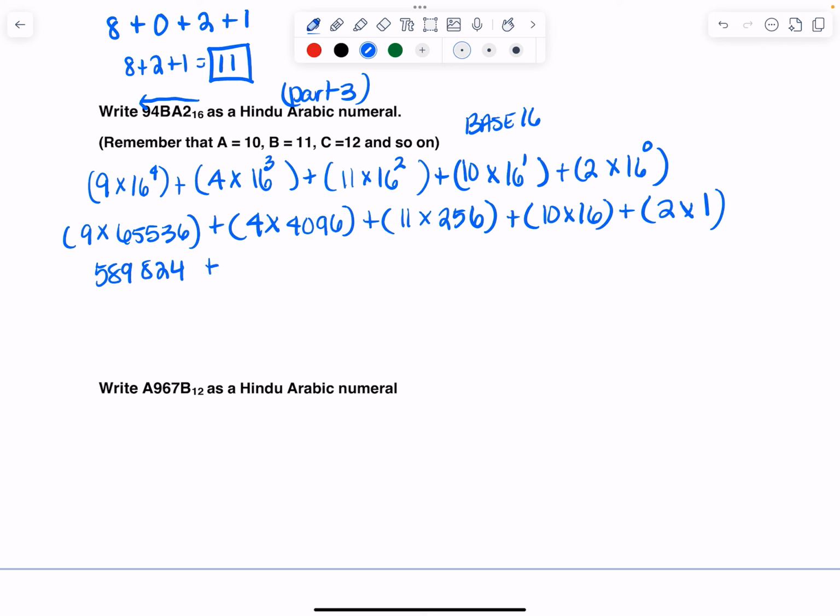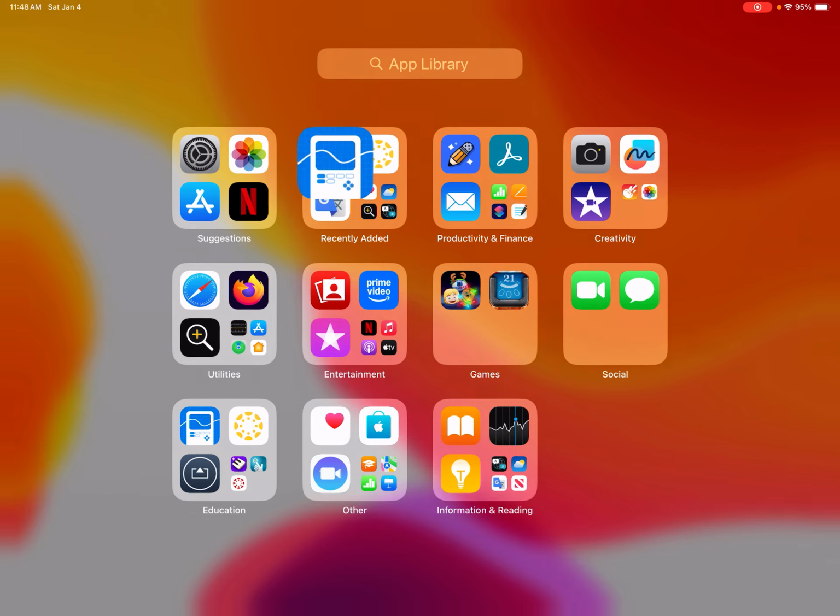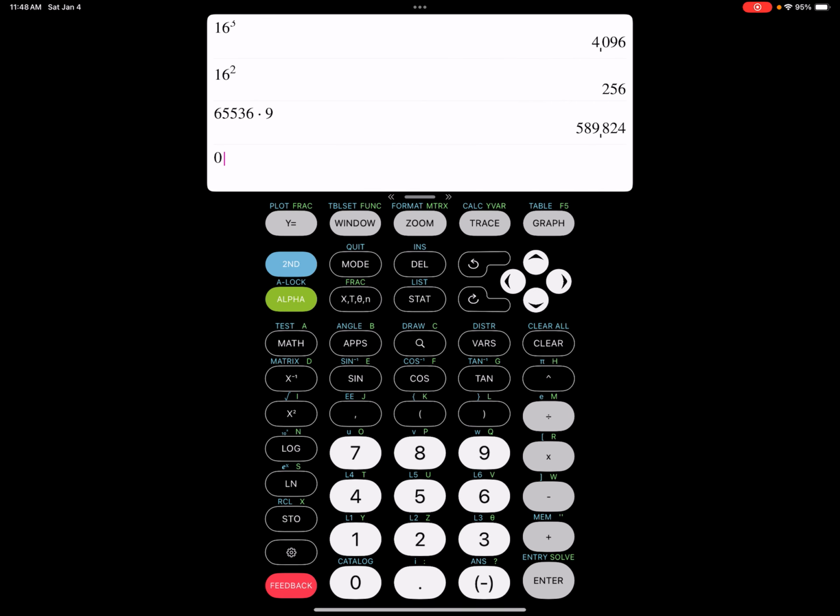Okay, next number, 4 times 4096. And that's 16,384.